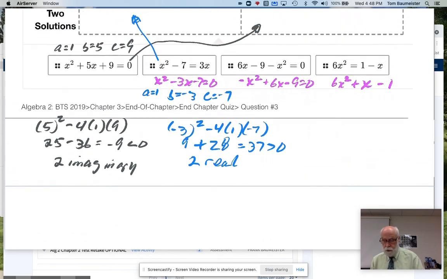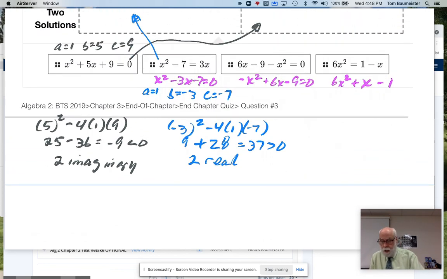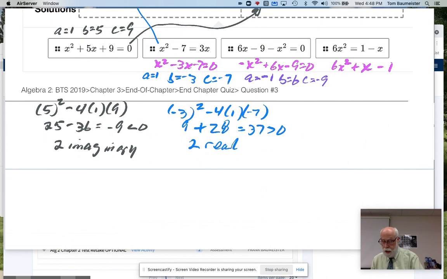All right, and let's just do the other 2 here the same way. Let's see here. Why don't I again do a different color there? So I'll have here a is equal to negative 1, b is equal to 6, and c is equal to negative 9. So on that one there, b squared minus 4ac, so b is 6 squared, minus 4 times negative 1 times negative 9.